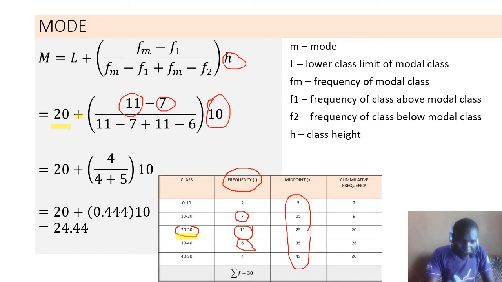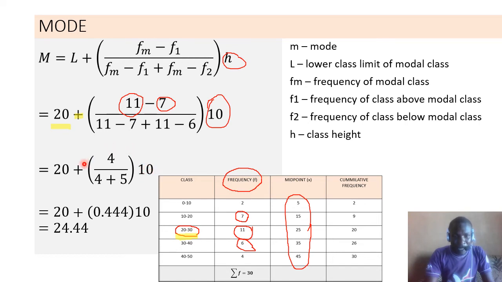Now once we get that, we are going to start with 20. We need to work whatever is inside the bracket first, then we multiply by the H, which is 10. That's why we've said 4 plus 4 all over 5. When you finish all that calculation, we multiply by 10.